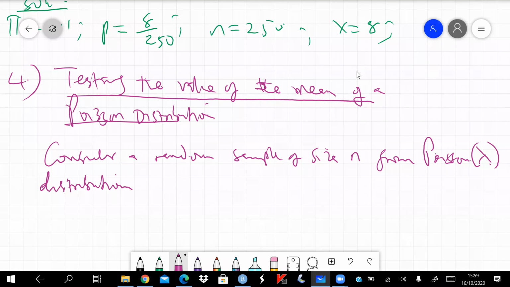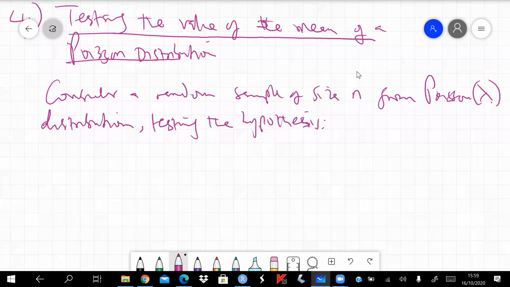On the Poisson distribution, testing the hypothesis H naught that lambda is equal to lambda naught.